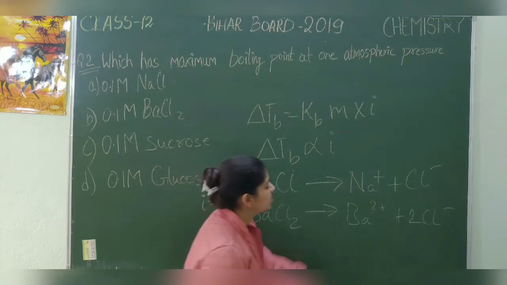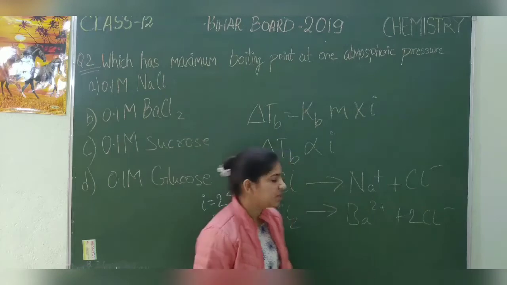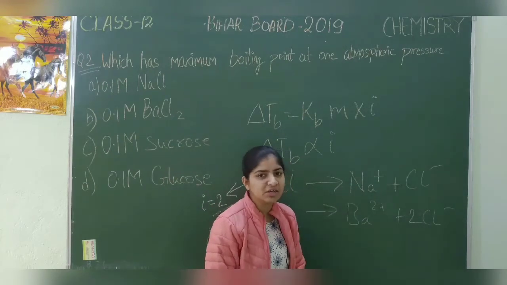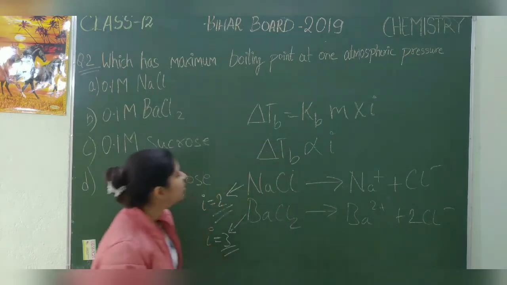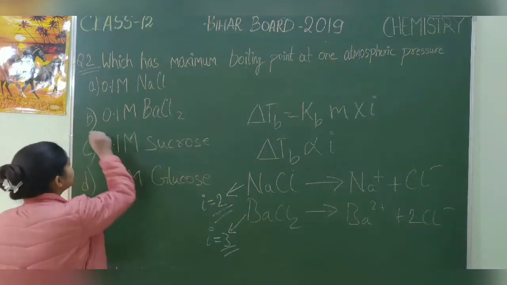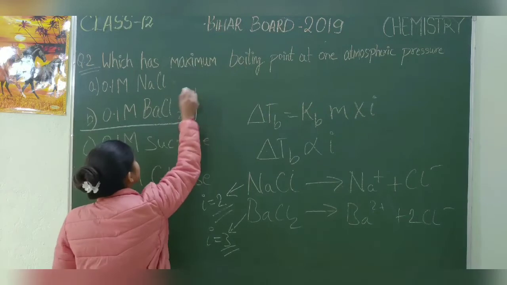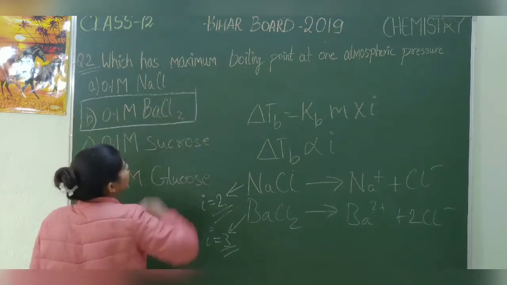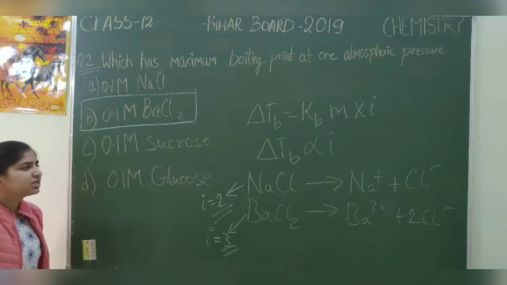Because there are 3 particles formed in the substance, and in NaCl there are only 2 particles formed. So our option is BaCl2, because the more the Van't Hoff factor, the higher the boiling point. Okay, now you can take a screenshot.